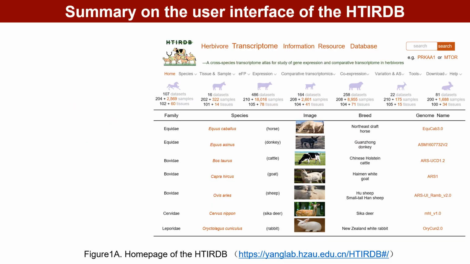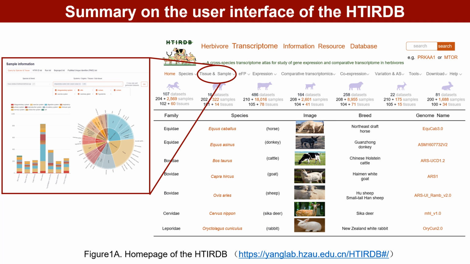At the homepage of the HTIRDB, the species, tissue and samples panels link to information on the species and tissue samples. The sample information module displays the anatomical distribution and the tissue coding system as tables or diagrams. The HTIRDB offers 5 functionalities for data retrieval and visualization: electronic fluorescent pictographic EFP, expression, comparative transcriptomics, co-expression, and variation analysis.